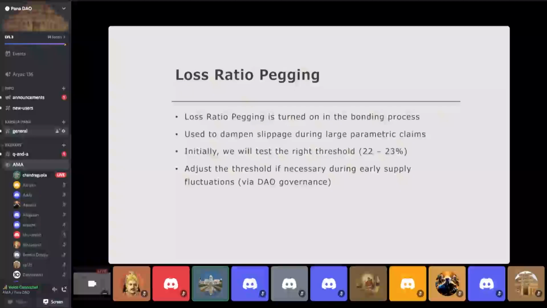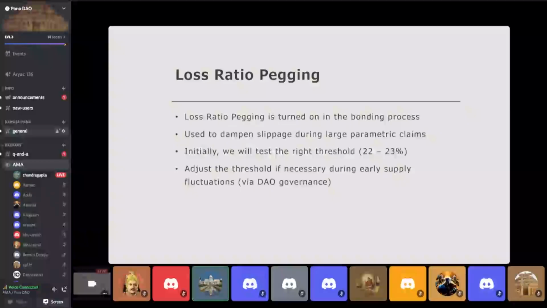But this would help dampen the slippage effect during large parametric claims that happen in case a certain event occurs, like earthquake or flooding, when a lot of people are exiting the protocol through mass selling. So this would help them, because the supply would always be in control, and the protocol would initiate a buyback or also roll out the tokens as needed from its own treasury, from its own master treasury. This would help in maintaining a healthy liquidity pool where slippage is at a minimum.